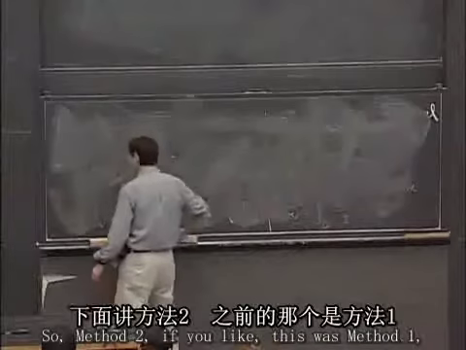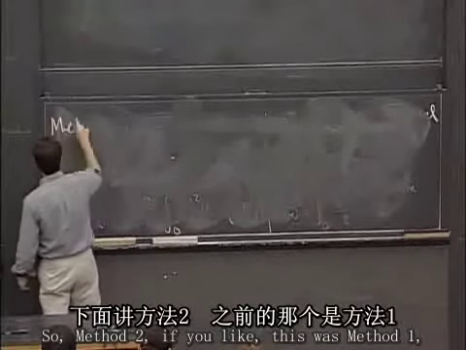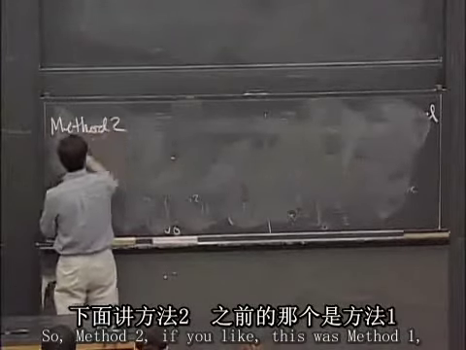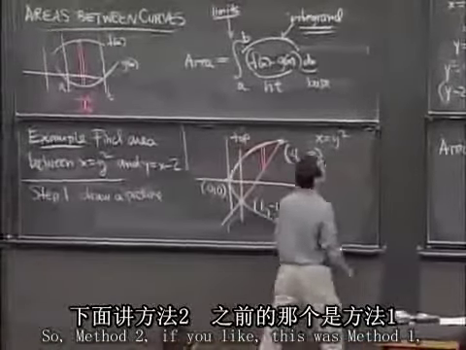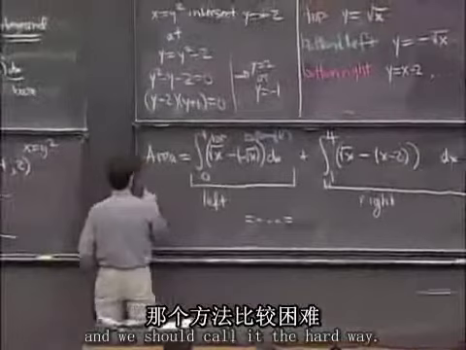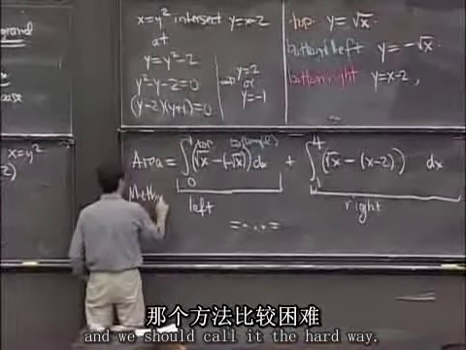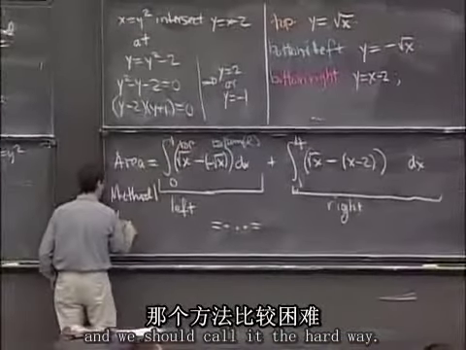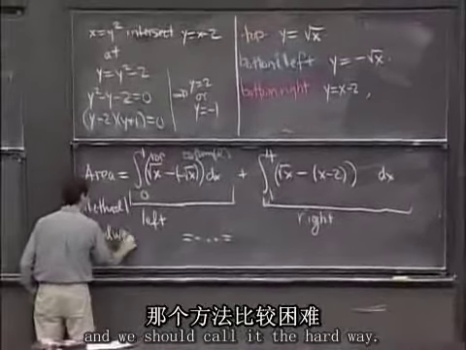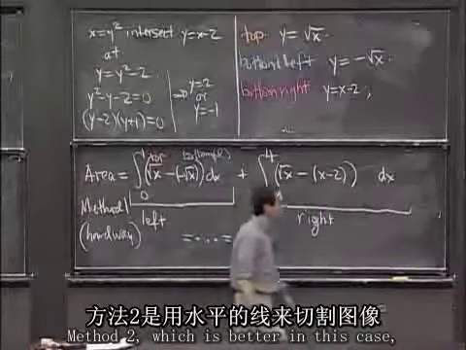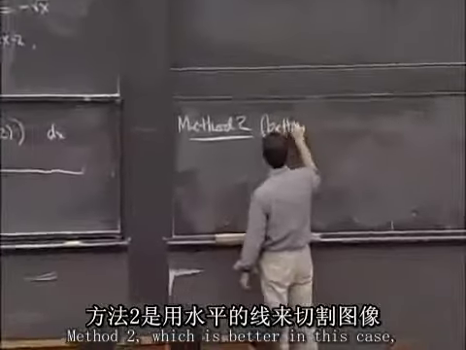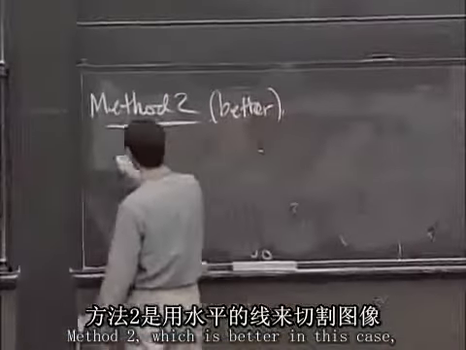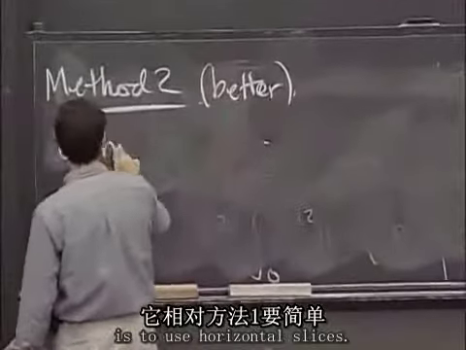So method 2. If you like, this was method 1, and we should call it the hard way. Method 2, which is better in this case, is to use horizontal slices.